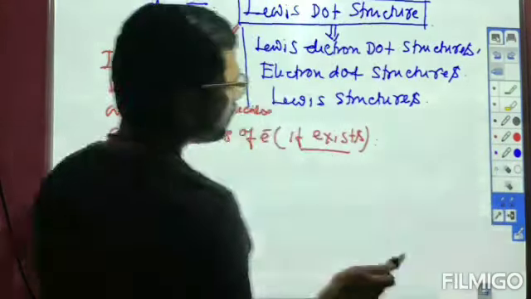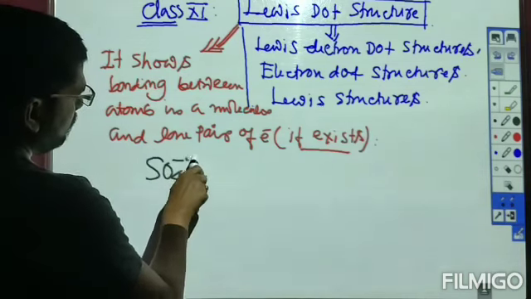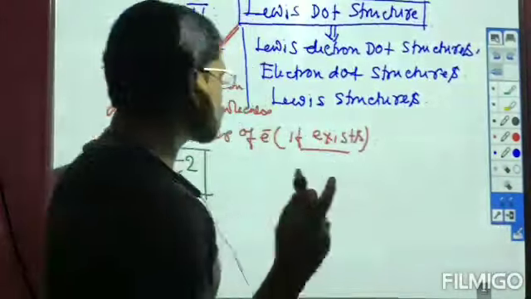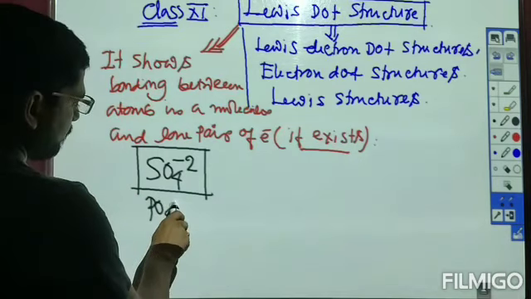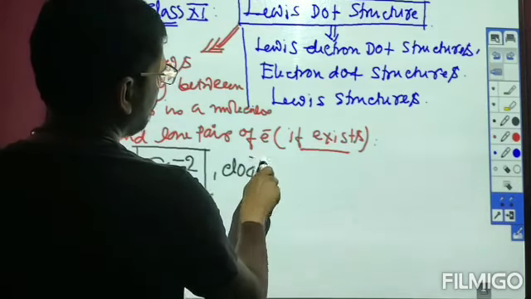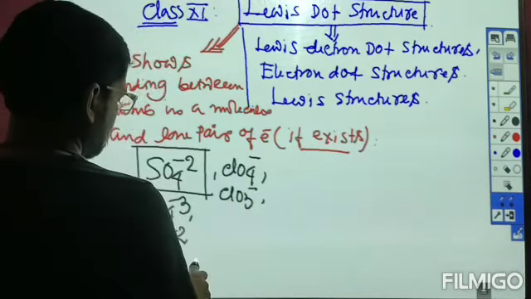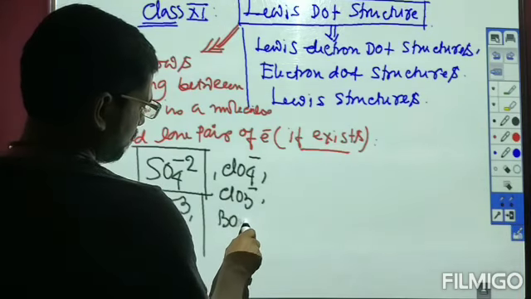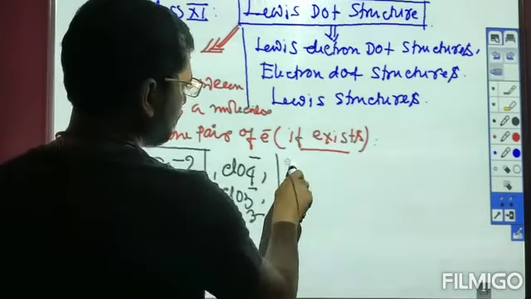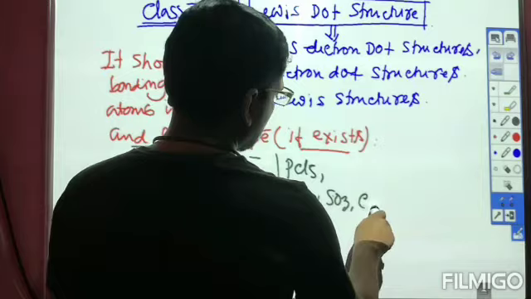Suppose we have to draw the Lewis dot structure of SO4 minus 2, or PO4 minus 3, or CO3 minus 2, ClO4 minus, ClO3 minus, BO3 3 minus, PCl3, PCl5, SO2 sulfur dioxide, SO3, carbon dioxide.